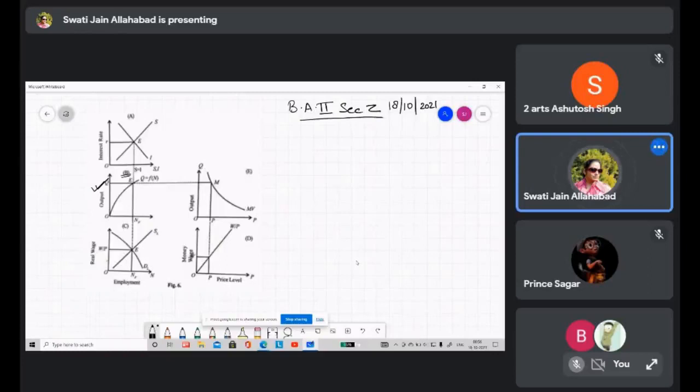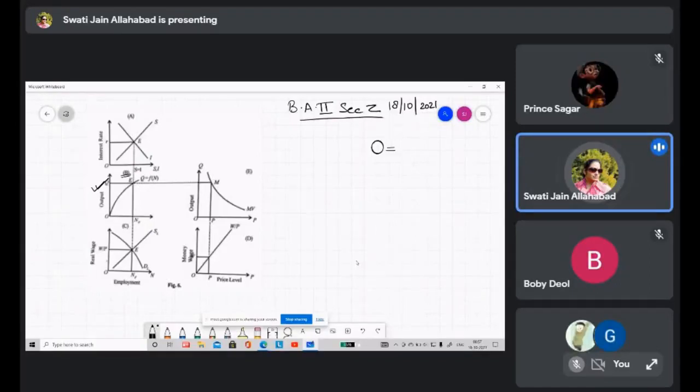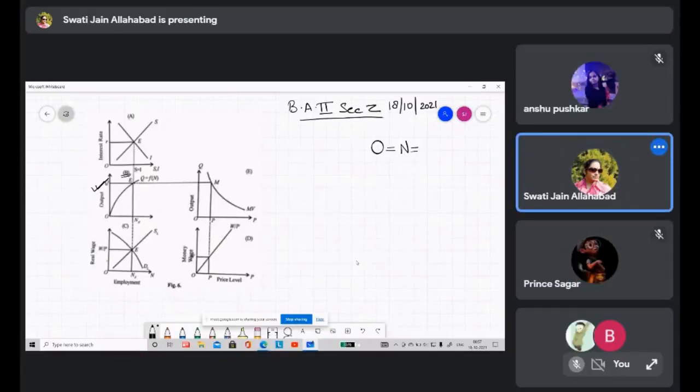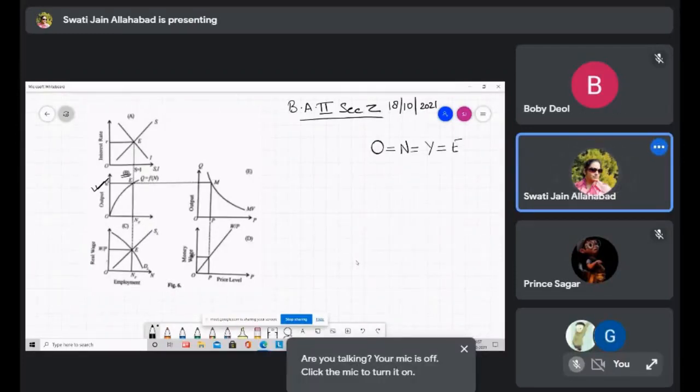So with the given production function, you decide the output level and the employment level together, or they are determined simultaneously, because every time we are saying that in this macroeconomic system, once you determine the output, you can determine the level of employment and you can determine the level of income. At the same time, you can determine the level of expenditure. So all these variables are determined simultaneously.